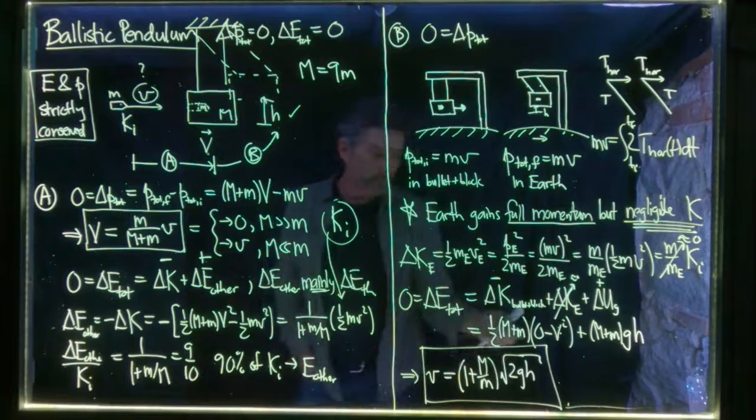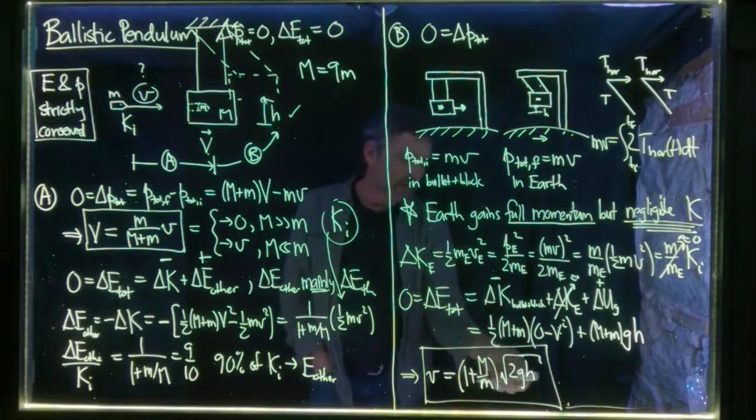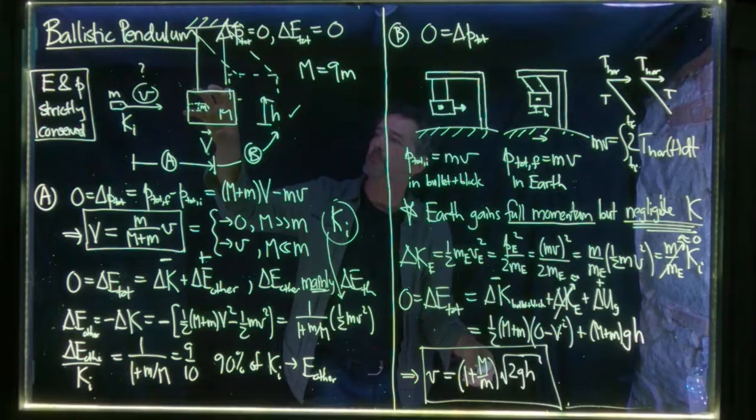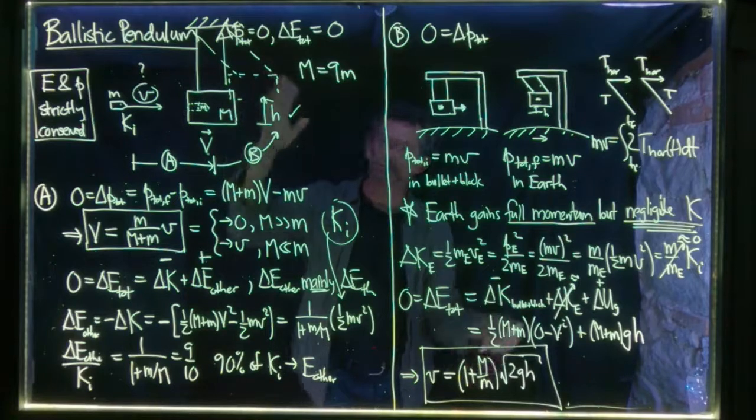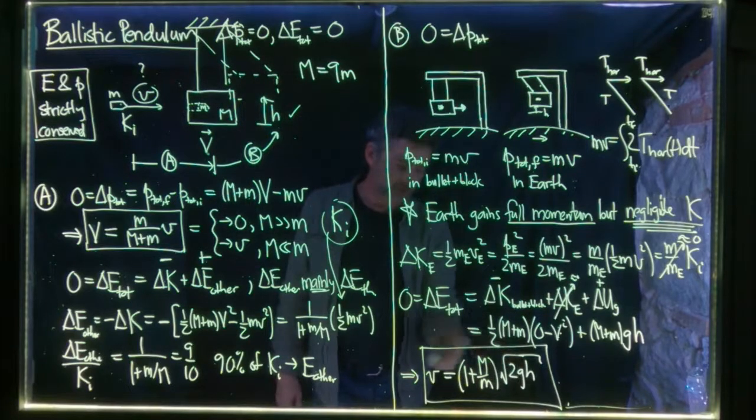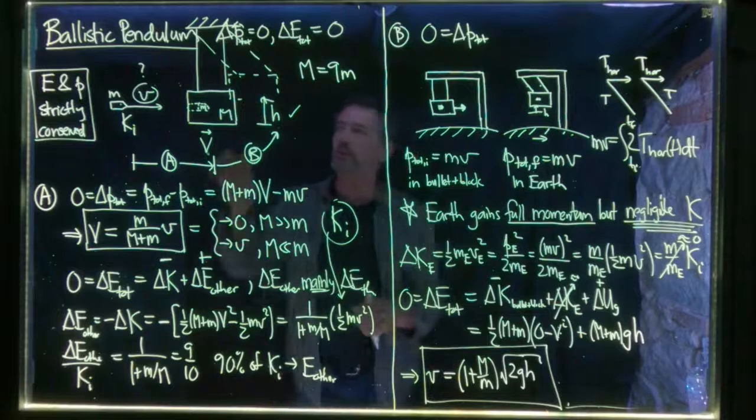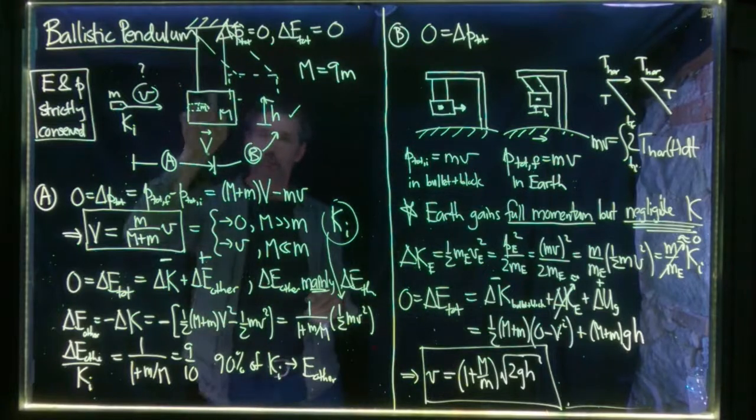And then you can say, this makes sense, because the block with the bullet will rise through a certain height h, whatever that is, and then you determine v. You can see that the result depends upon the ratio of big M to little m. The bigger you make the mass of the block compared to the bullet, the bigger the speed of the bullet was.